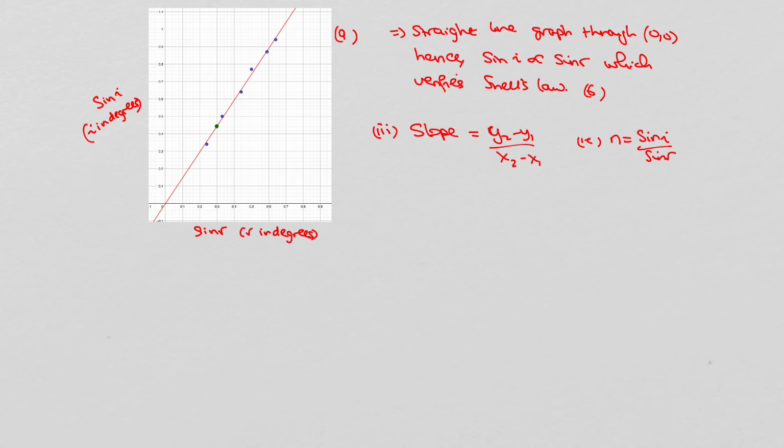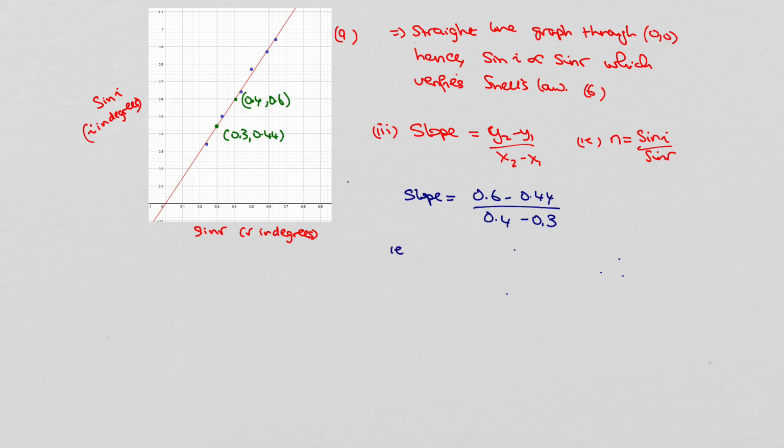So I'm going to go with this one here. So out to 0.3 and up to 0.42, 0.44. And then I'll take another point on my graph. So I'll go with this one here, which is out to 0.4 and up to 0.6 approximately, okay? So we'll take our 2 points and we'd say our slope is y2, 0.6, minus y1, 0.44, over x2, 0.4, minus x1, which is 0.3.